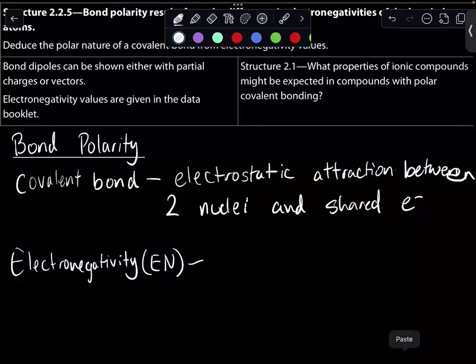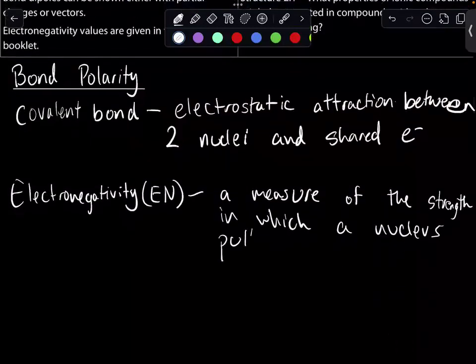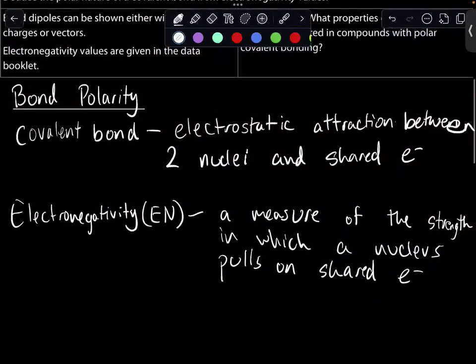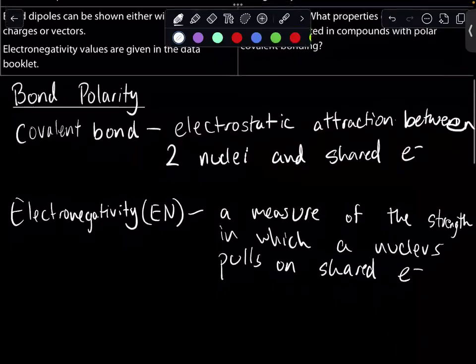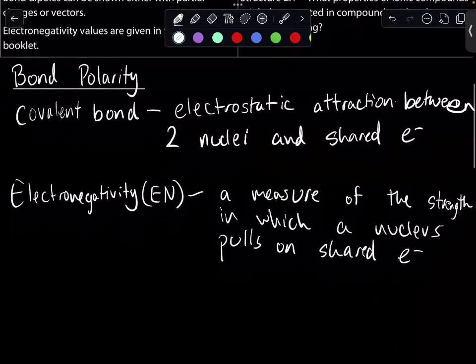But if you didn't watch that and you just need a reminder, this is a measure of the strength in which a nucleus pulls on shared electrons. So there's a lot of things that we can talk about that affects the strength, but we can just talk about electronegativity as an overall generalization for that strength.